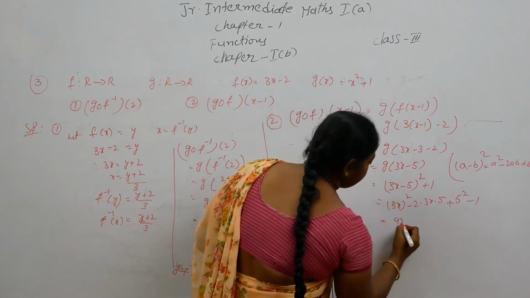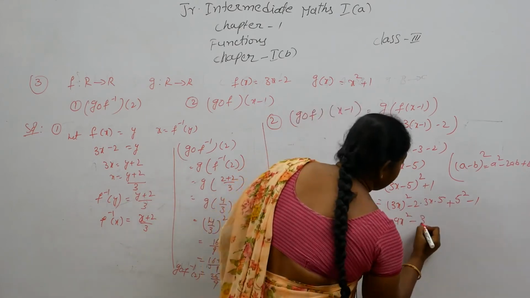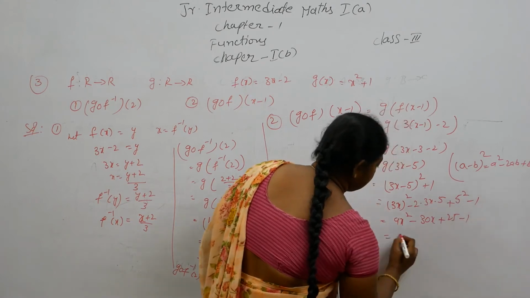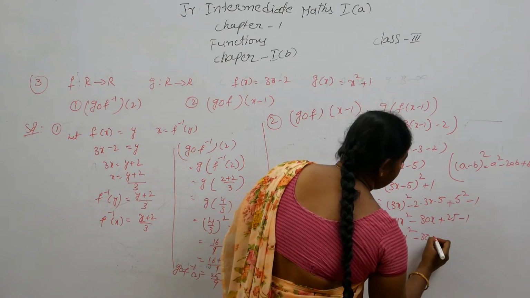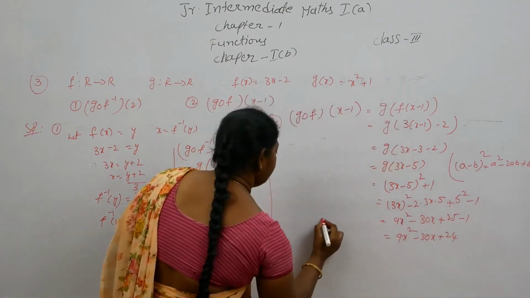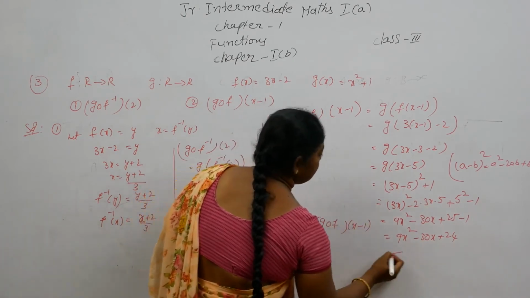That equal 9x square minus 5 tens are 10, 10 threes are 30x plus 5 fives are 25 minus 1. So 9x square minus 30x plus 24. So g of f of x minus 1 value.